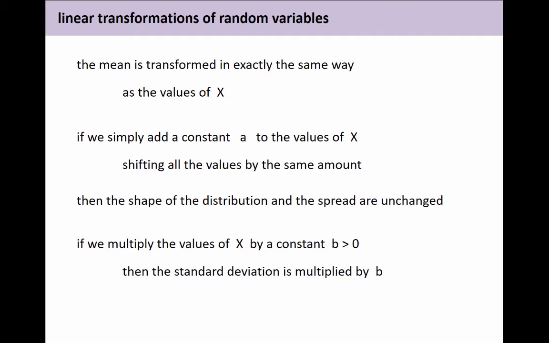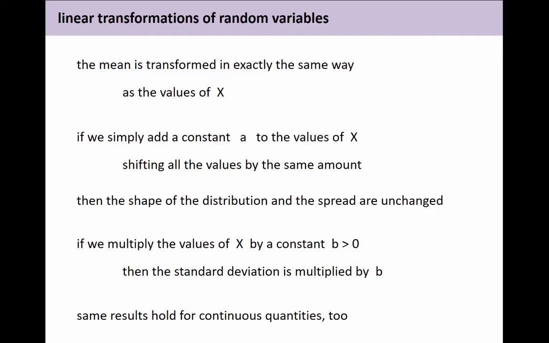If we multiply the values of x by a constant that is greater than 0, then the standard deviation is multiplied by that constant b. We're going to have exactly the same results for continuous quantities. It's just that we'll need to work with integrals to define the mean and the variance. So I've left that kind of derivation for your future courses.